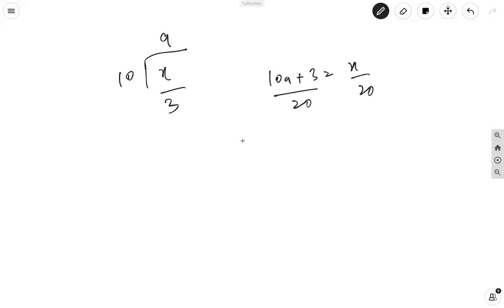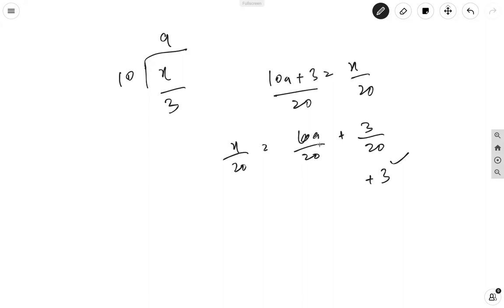The question is that when x is divided by 10, the remainder is 3, right? So let the quotient be a. So 10a plus 3 is equal to x. The question says, what is the remainder when x is divided by 20, right? So x by 20 is equal to 10a by 20 plus 3 by 20. So first of all, 3 will always be on this side.